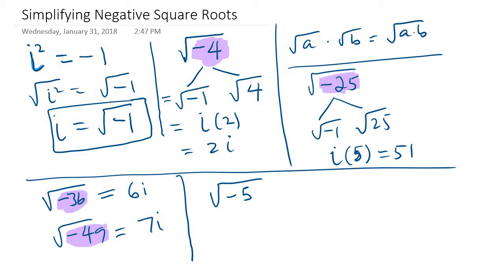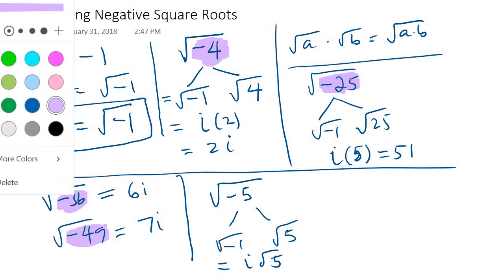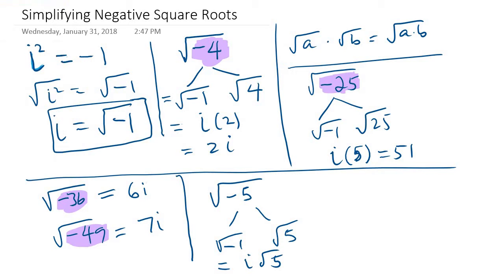So what we need to do is just do the square root of -1 and then the square root of 5, which we can now write as i root 5. So if you cannot break this number down, then it's just i times the square root of that number. So this is i square root of 5. Let's do some more of those, like the square root of -23. That will just be i root 23.